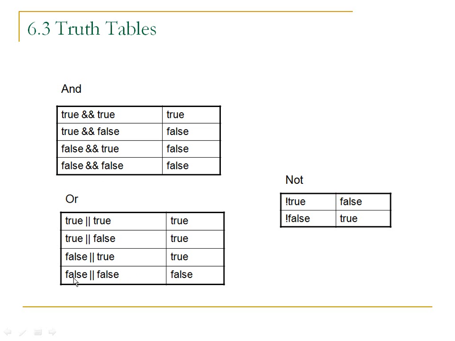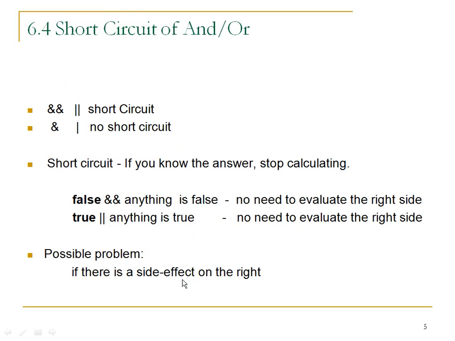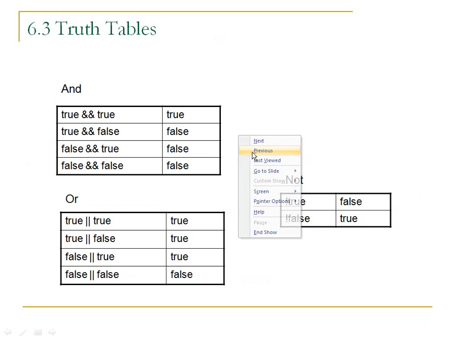For the or, false or false is the only time that the or operator would yield false. All of the other combinations of or are true, including true or true. So if both of them are true, still you have at least one of the other. So it evaluates to true.